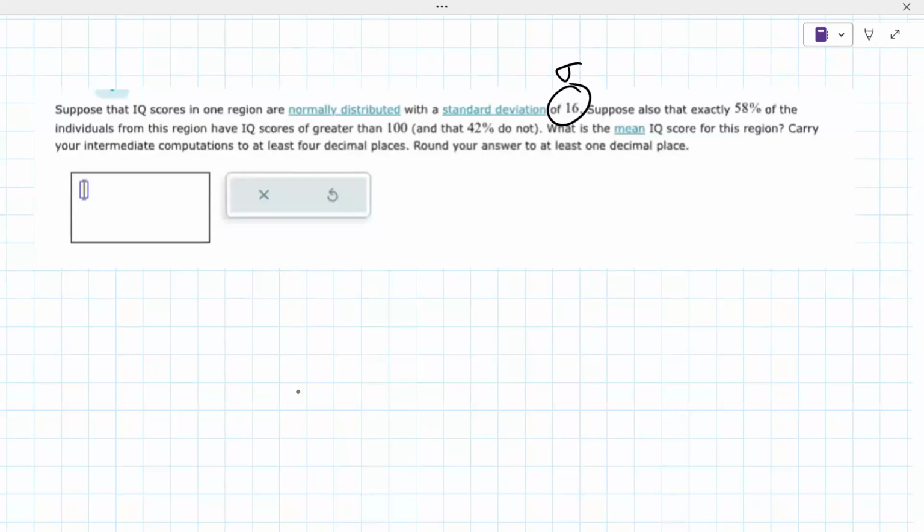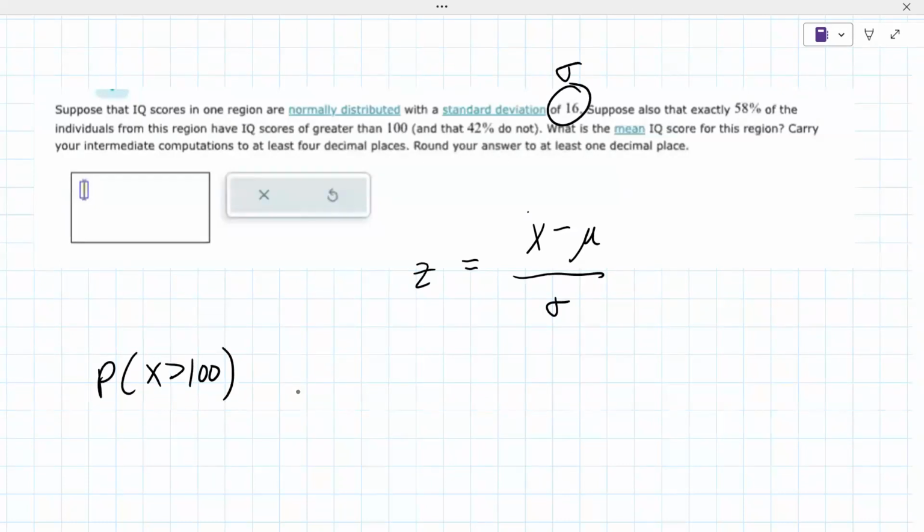Normally it's x minus mu over sigma. That becomes your z. And they're saying in this problem that the probability that scores are greater than 100 is 0.58, which means that the probability that the scores are less than 100 is 0.42.